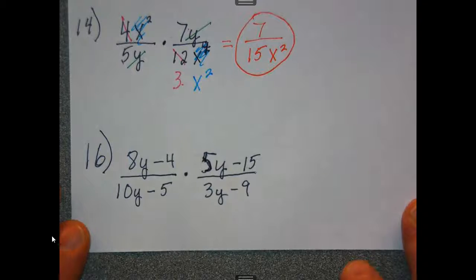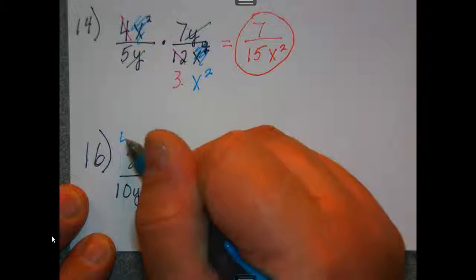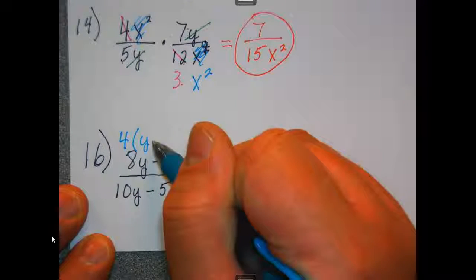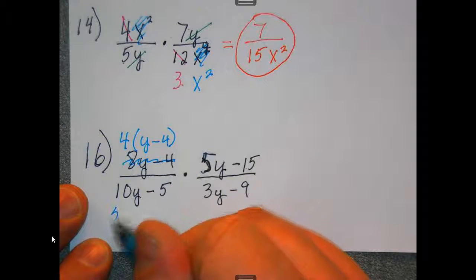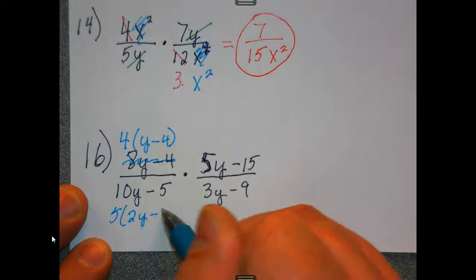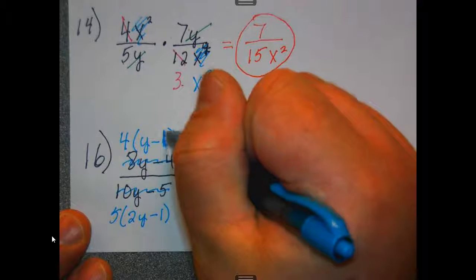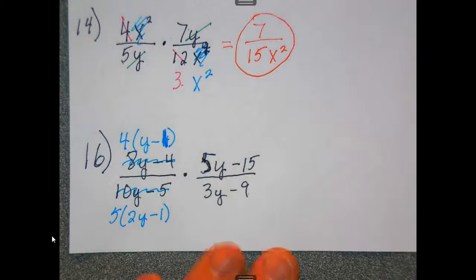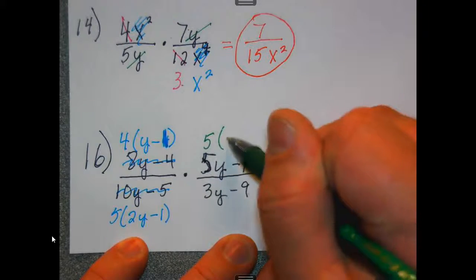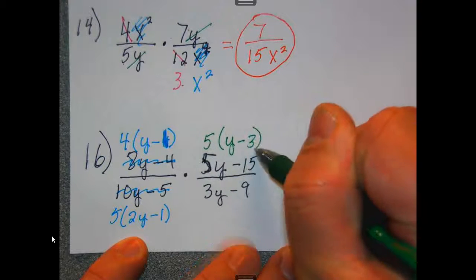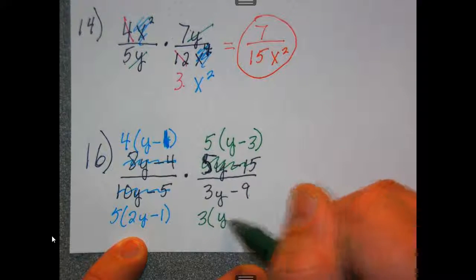So I got some common factors to take out. Okay, I can take out a 4, get 2y minus 1. Take out a 5, I get 2y minus 1. Second one. Take out a 5, y minus 3. Take out a 3, I get y minus 3.